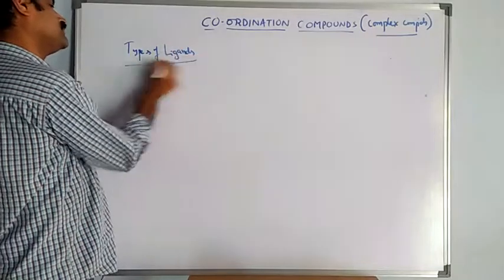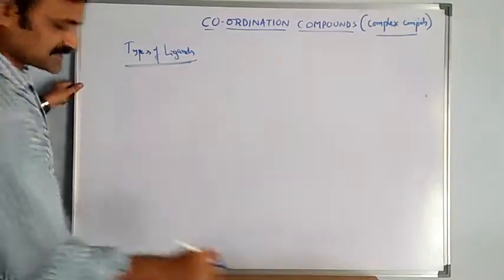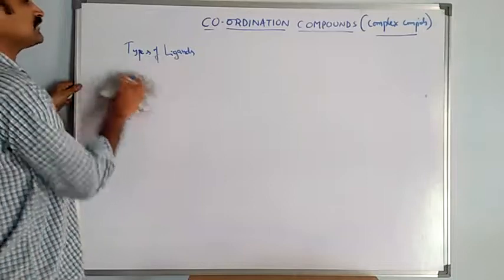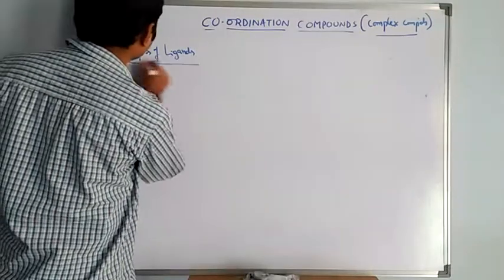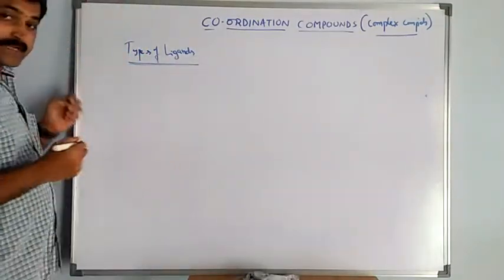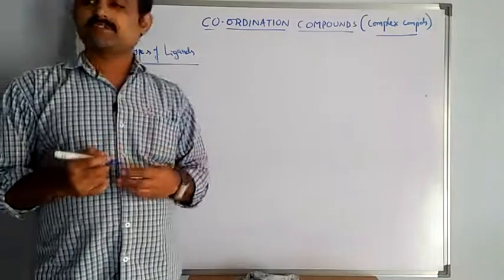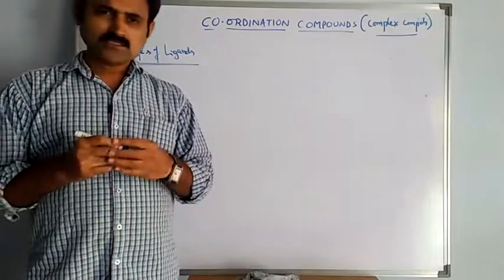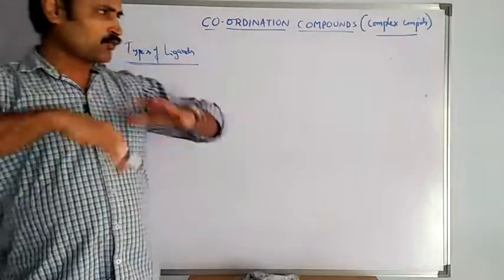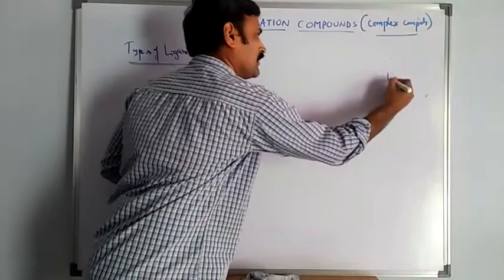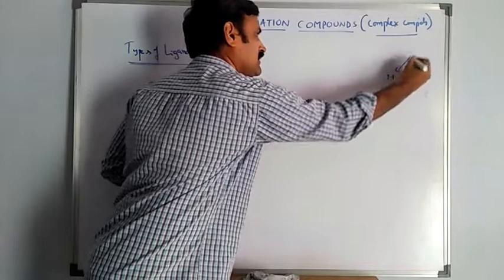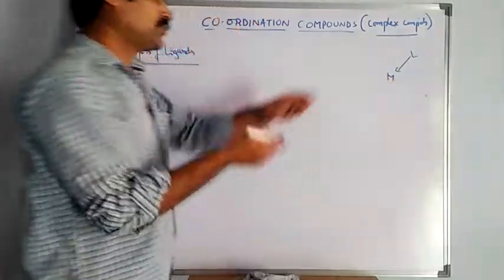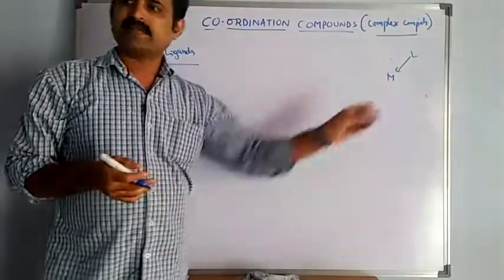As I said earlier, ligands have a tendency of donating pairs of electrons to the central metal atom to get stability. Means around the central metal there are some ligands, they are donating electron pairs to the metal.